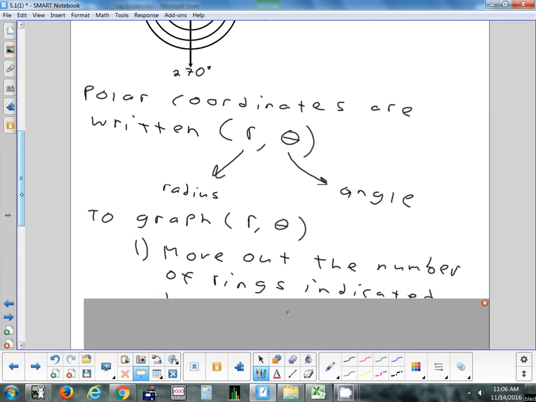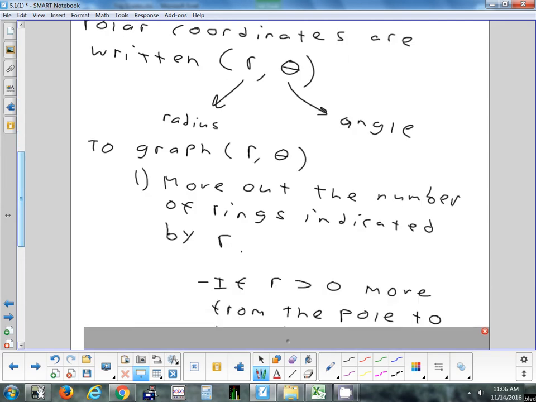I think the radius is. Okay, so for our radius, we can go either to the right or to the left, just like x, when you're graphing an xy point. What controls whether you go left or right? Yeah. Positive, negative. Right, if it's a positive or a negative number. So you're going to move out the number of rings indicated by r, starting from the pole.